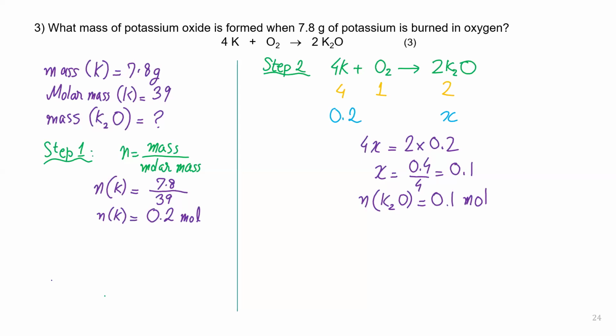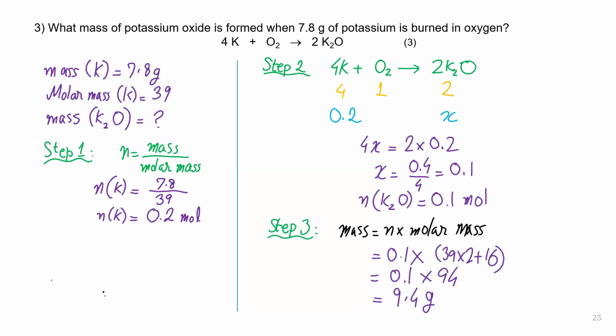Now find the mass. Mass is equal to number of moles into MR. Mass of 2K2O is equal to 0.1 into. Potassium oxide is what? K2O? Potassium oxide is K2O.